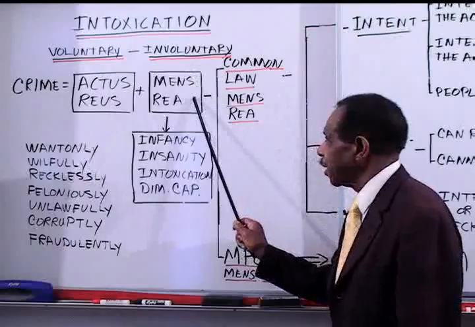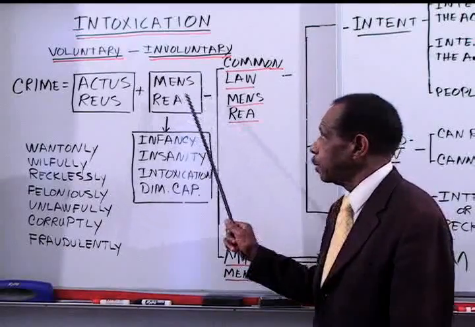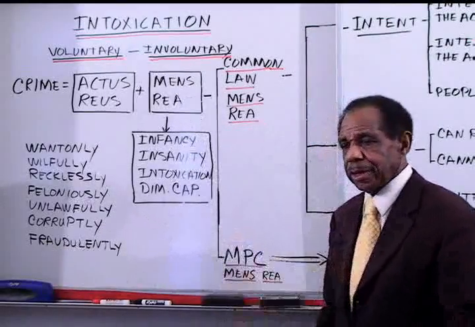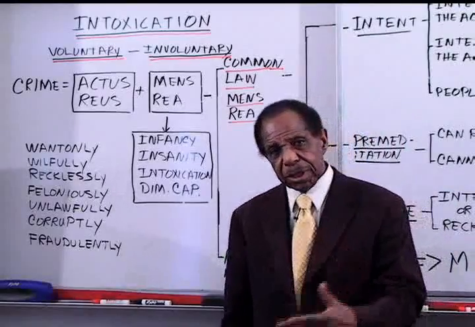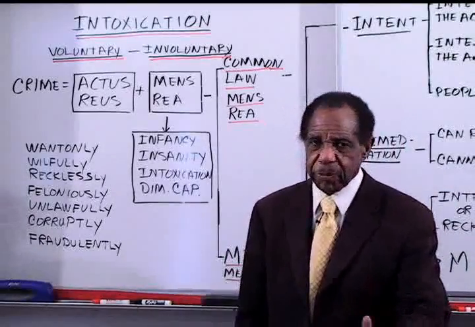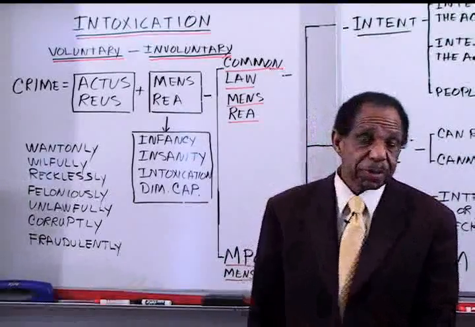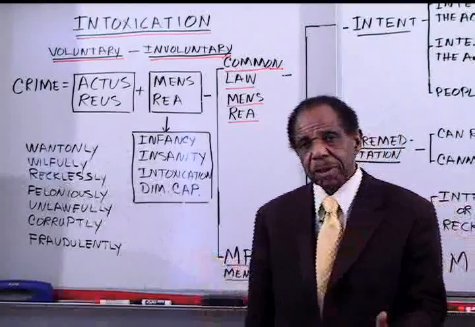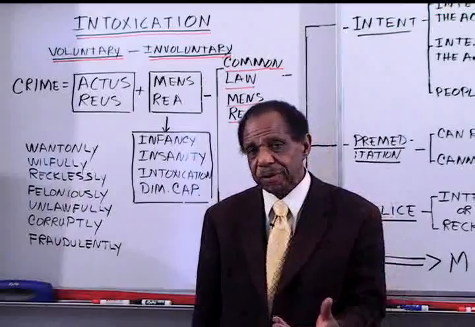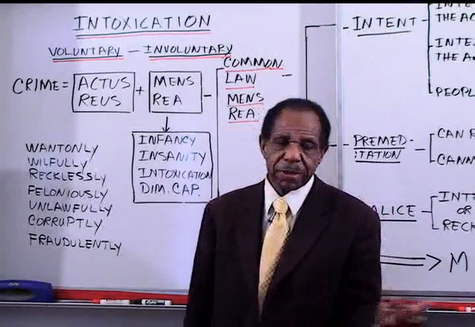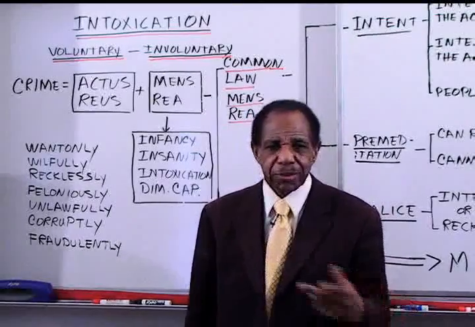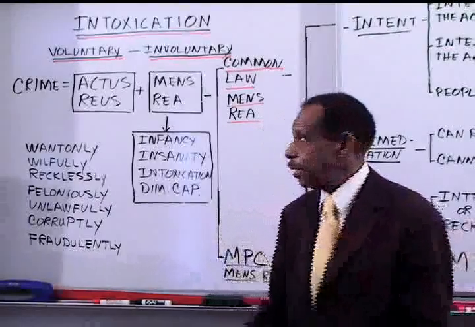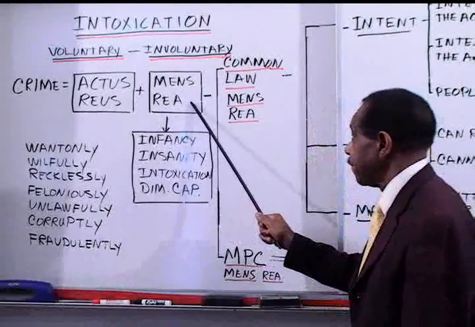And the same concept is carried over to the mens rea. That is to say, if the defendant did not have the mens rea required for the crime, then the crime simply wasn't committed. And by the same reasoning, it shouldn't matter why the person doesn't have the mens rea. If they don't have it, they don't have it. And so that's the general setting in which we are working.